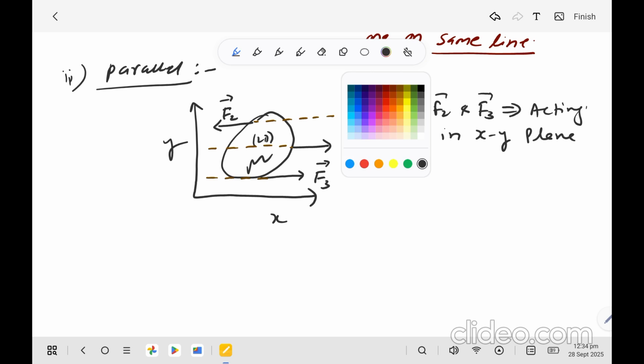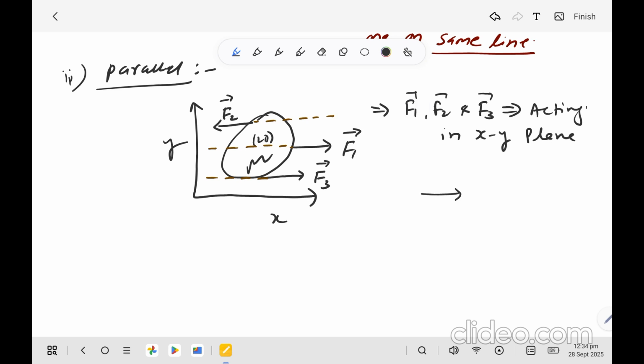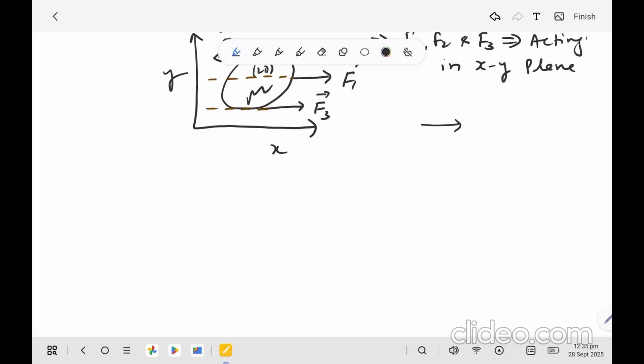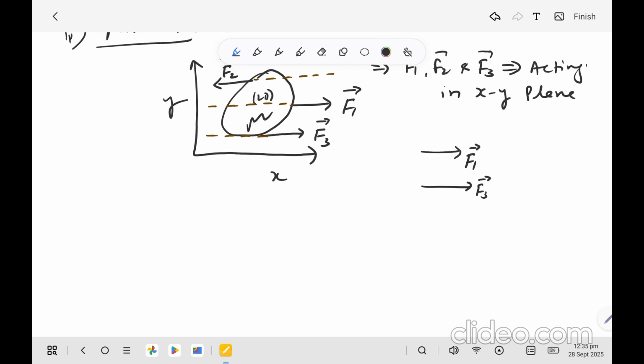So this is F1, this is F3 in this plane, and this is F2, and these are the lines of action of the forces.